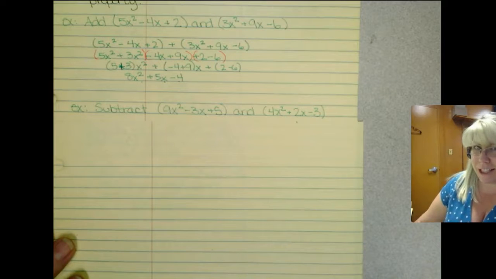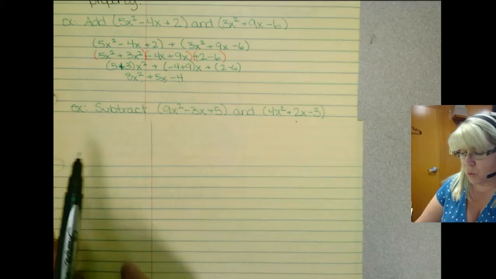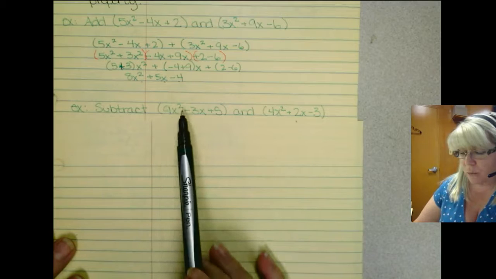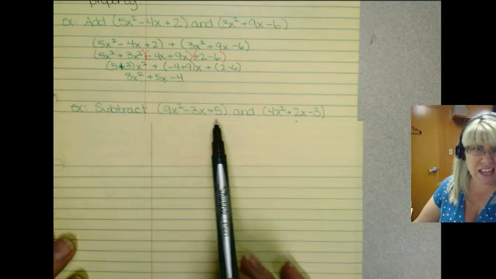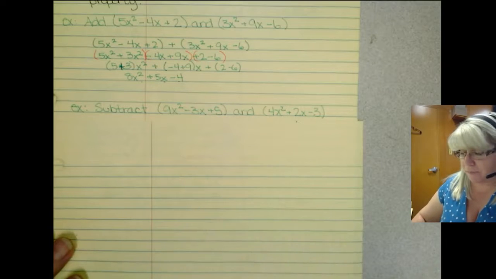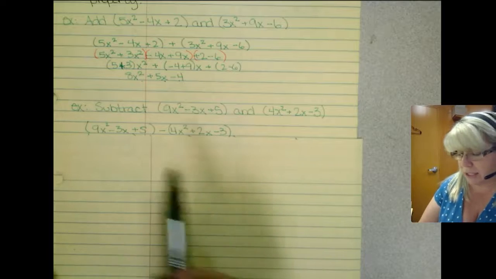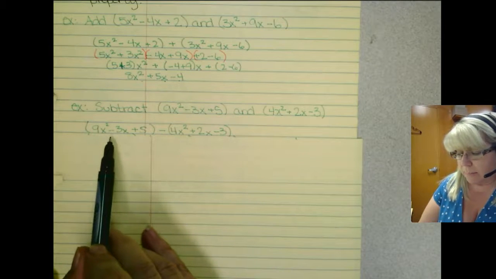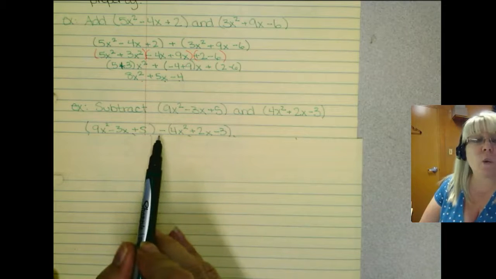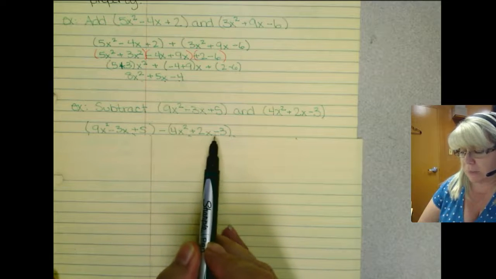Most of the time, it's not addition that gives us issues. It's subtraction. So let's subtract two algebraic expressions. 9x squared minus 3x plus 5 and 4x squared plus 2x minus 3. Now I've rewritten it with the subtraction symbol in between these two expressions. 9x squared minus 3x plus 5 minus the whole entire quantity, 4x squared plus 2x minus 3.